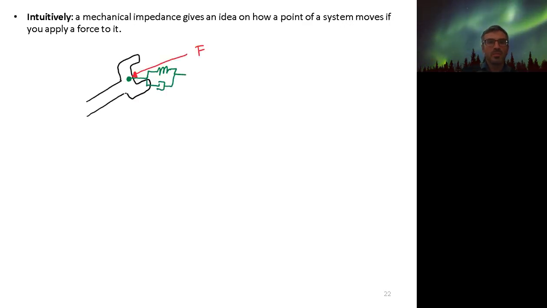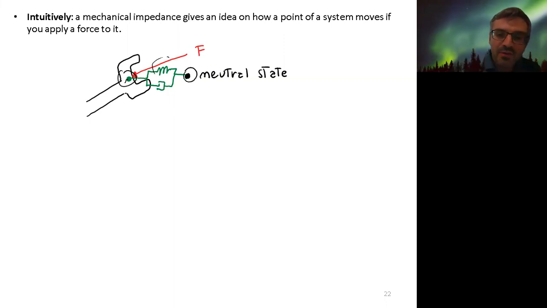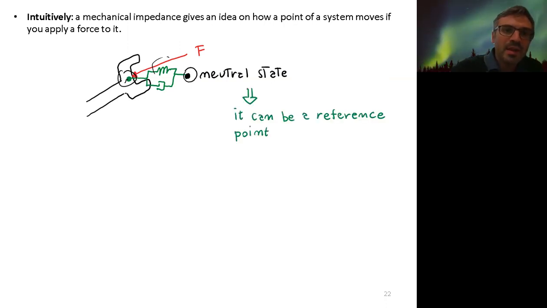In this case, for example, if we consider the end effector point and we want to define the impedance with respect to some reference position that we want to track, we can emulate a virtual spring between the end effector position and this reference state, a spring that tries to make our end effector go to the reference point.